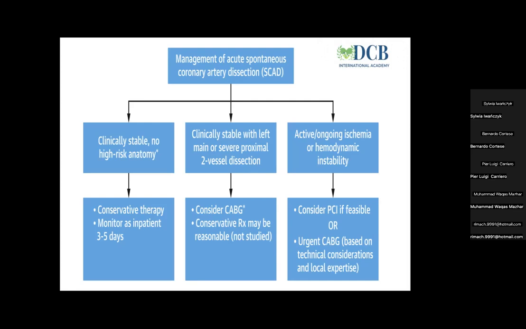And I have a question, please. If we go for PCI in the case of proximal dissection, and we cannot see the propagation of the dissection in the distal vessel, we have to stent all the dissection?